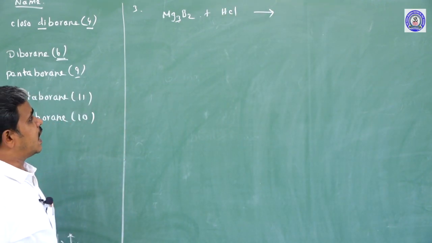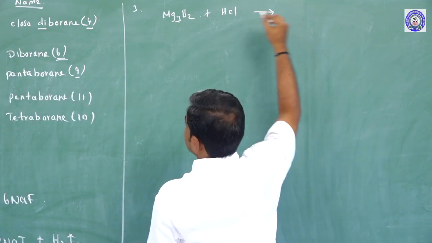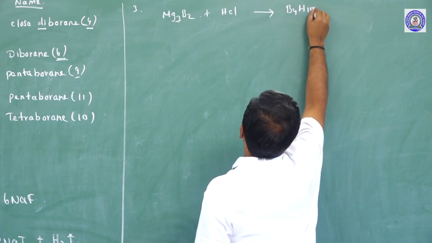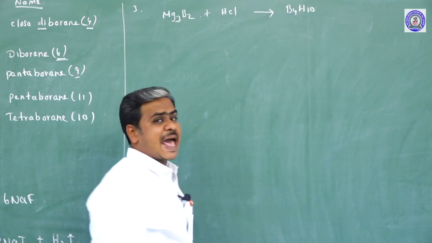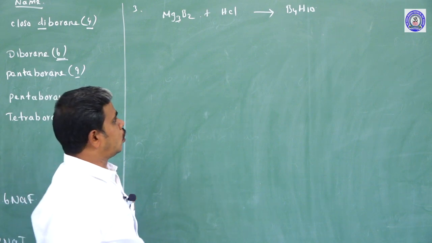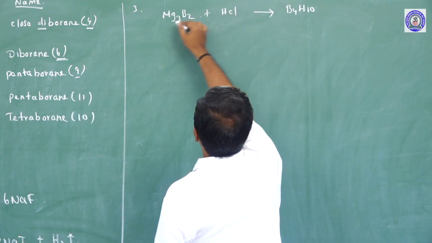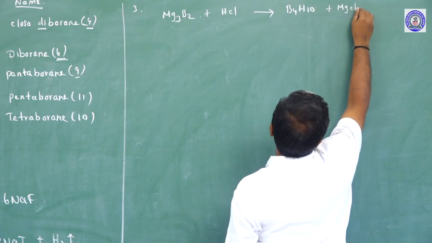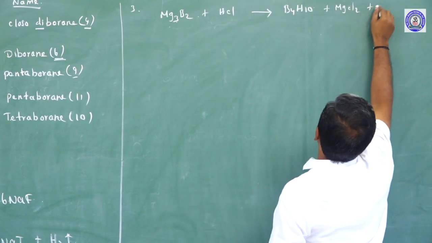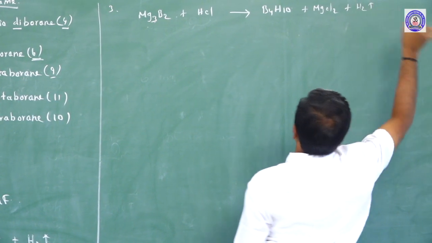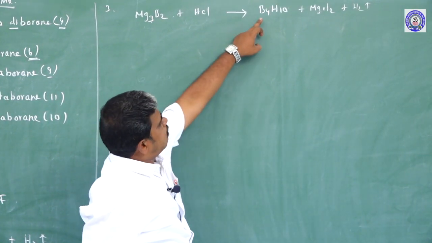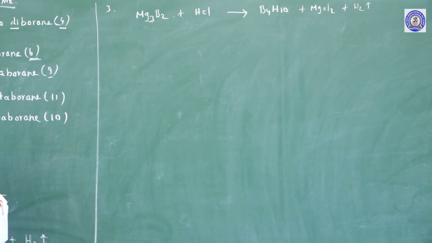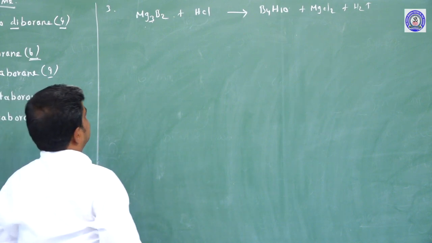Then we get B4H10, which is an arachnoborane. Here magnesium gives magnesium chloride, and hydrogen is removed as hydrogen gas. So magnesium boride reacted with HCl gives B4H10.